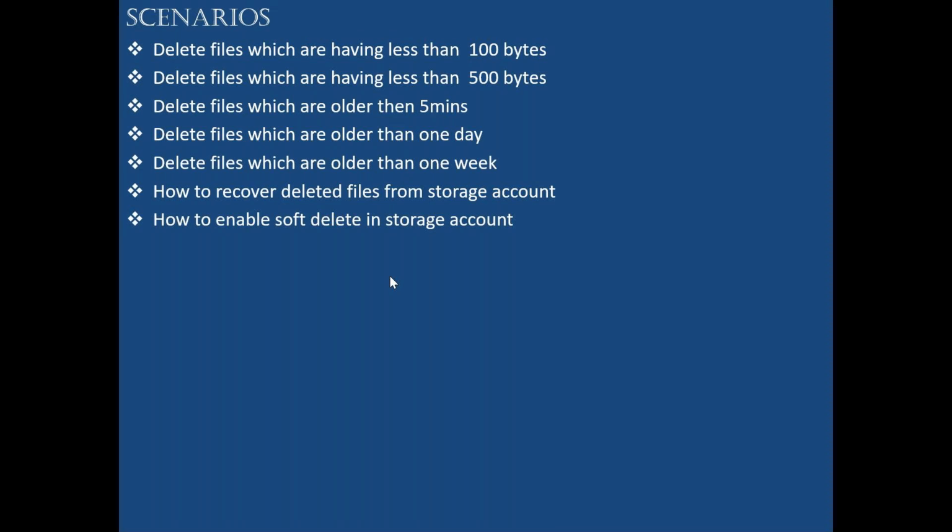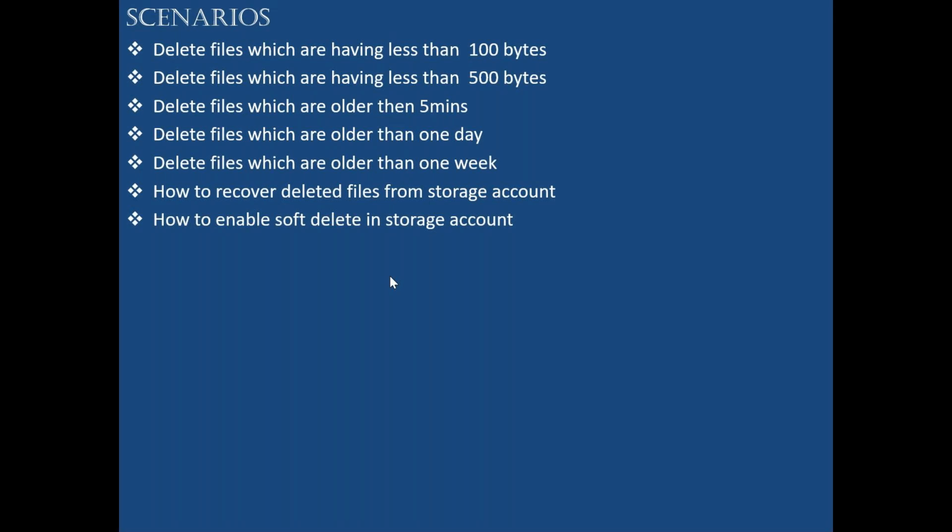Generally in real time, the admin team will enable the soft delete option. But whenever you are going for deletion, make sure you also verify from your end whether the soft delete option is enabled or not. What this option does is, if you delete a file, by default it will keep it for 7 days.